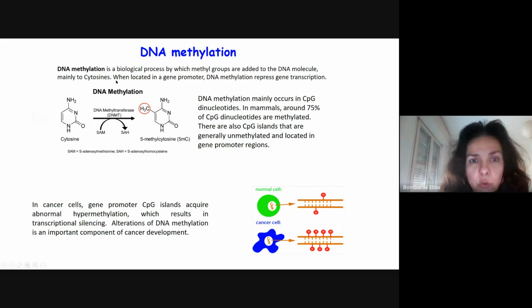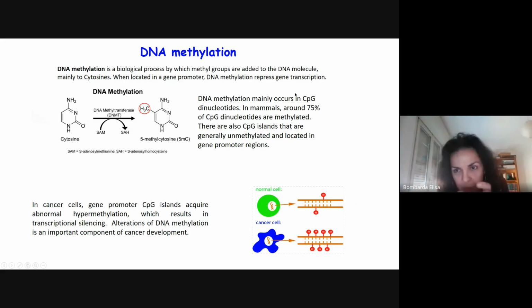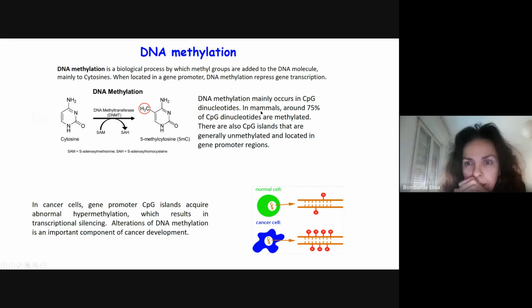When this methyl group is located in a gene promoter, DNA methylation represses gene transcription. Normally, DNA methylation occurs in CpG dinucleotides, when a cytosine is next to a guanine. In mammals, around 70% of CpG dinucleotides are methylated.